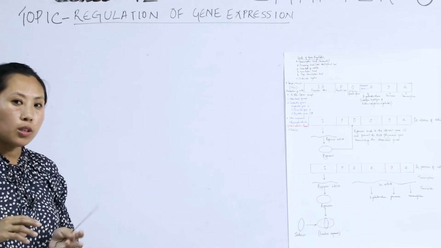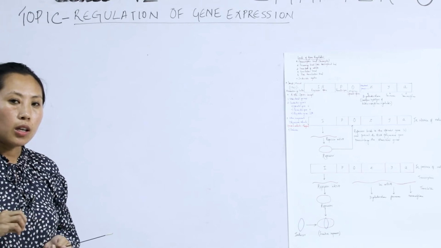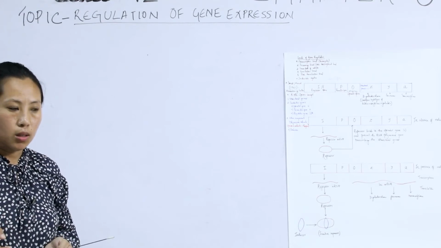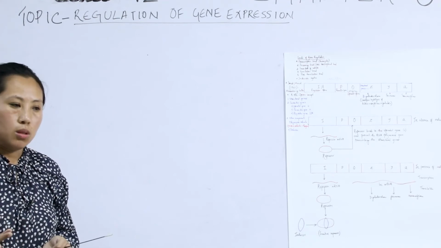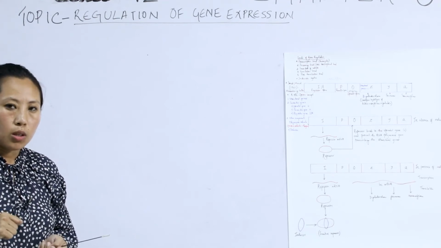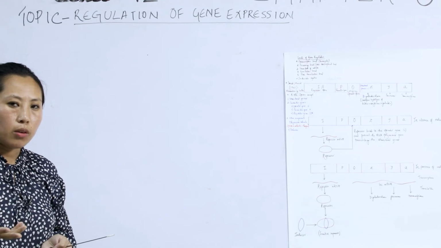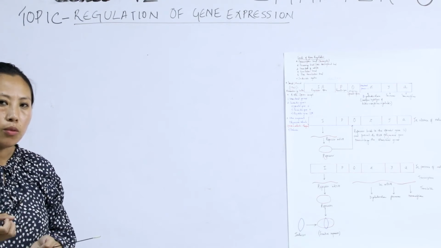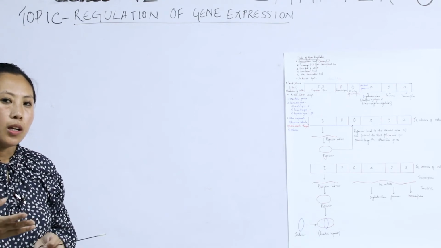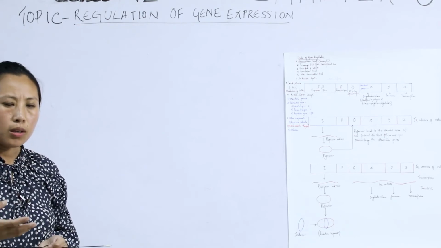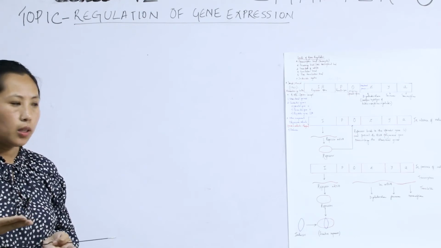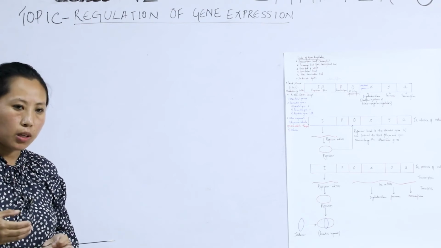The flow of genetic information from DNA to mRNA is known as transcription, and from mRNA to protein is known as translation. In case of prokaryotes, transcription, that is the formation of mRNA from DNA, takes place in the cytoplasm of the cell only, while in case of eukaryotes, it takes place in the nucleus.